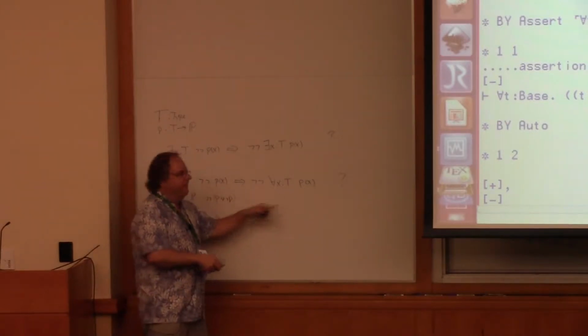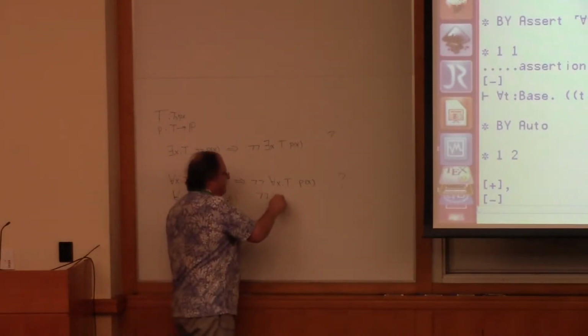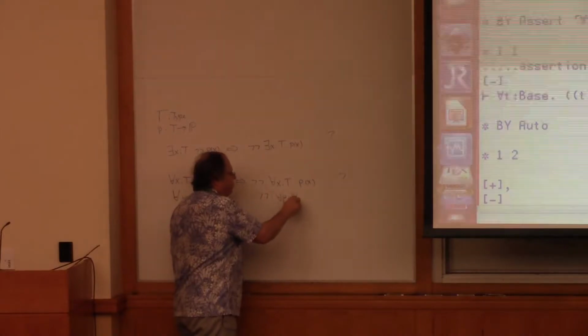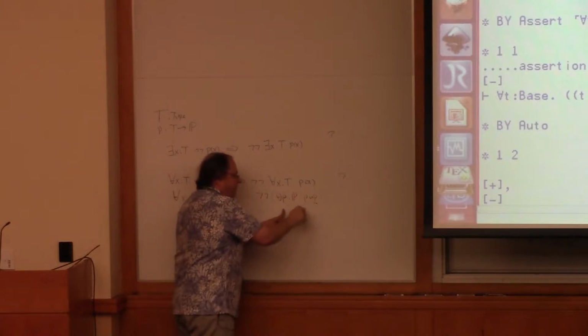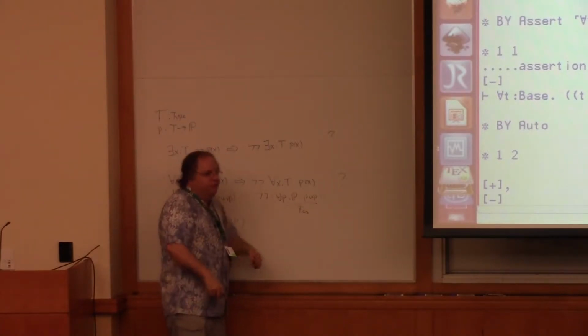So if this would imply this, then we would have not for all P that are propositions, P or not P. And we just proved that this is false. So not a false is still false.